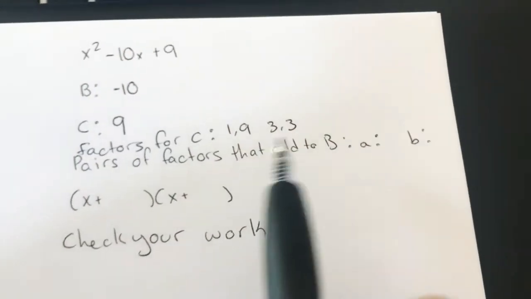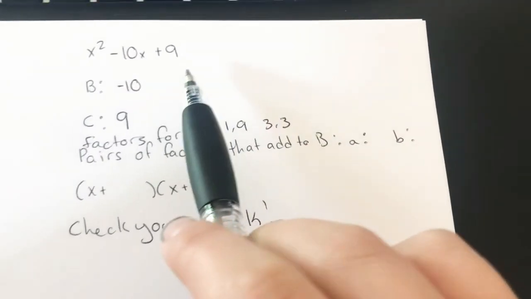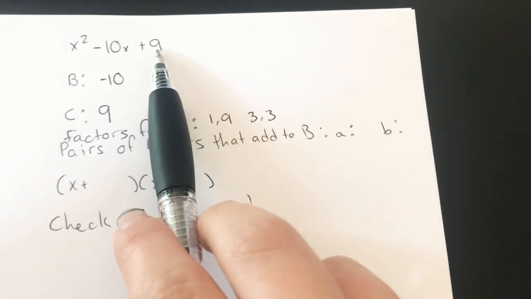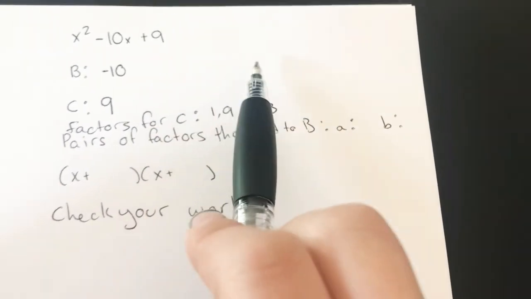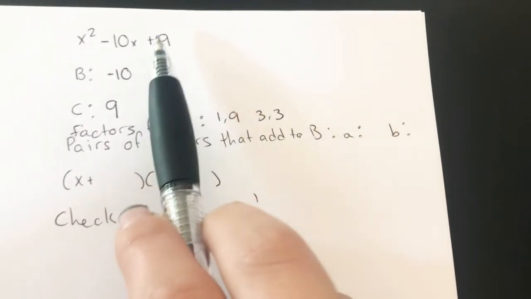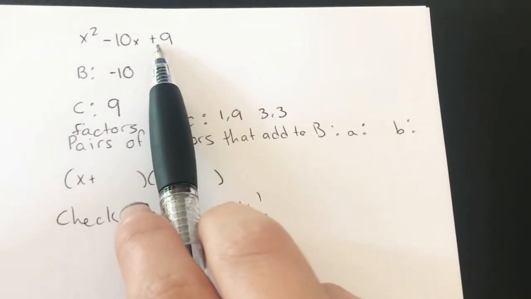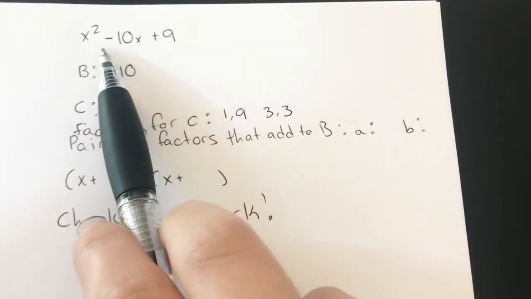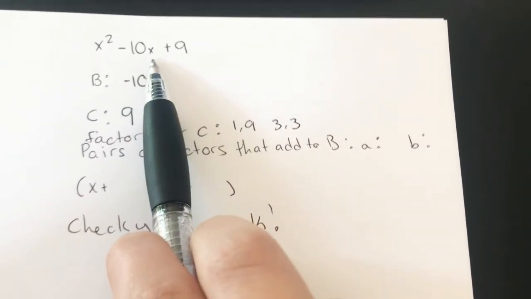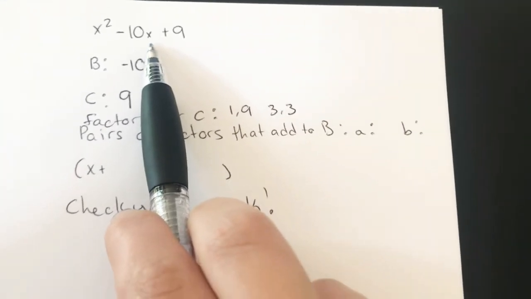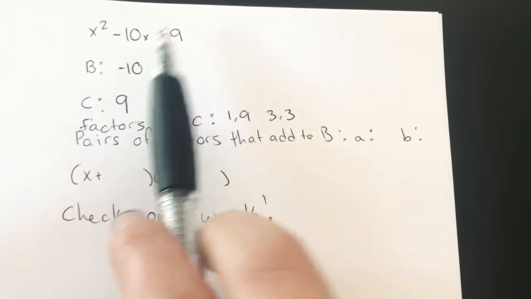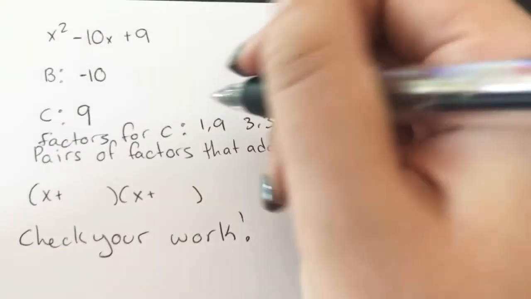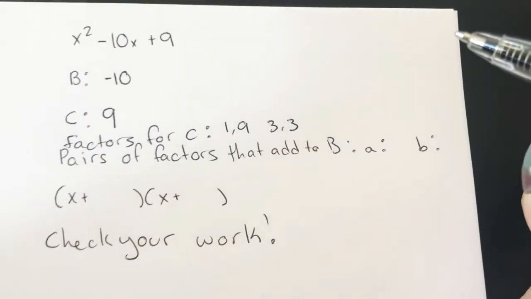So something to keep in mind here is I have a positive c value. So that means that I either need 2 positive factors or 2 negative factors. A positive times a positive is positive, and a negative times a negative is also positive. My b value here, showing that I have a negative, indicates that I need at least one factor that's negative, and so in this case, both factors in the pair do need to be negative.